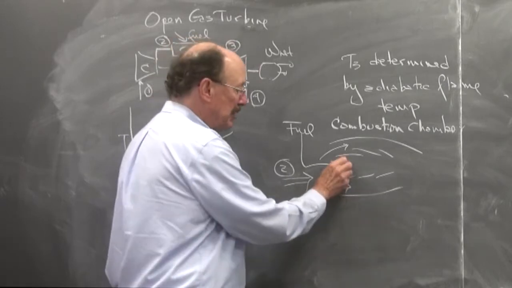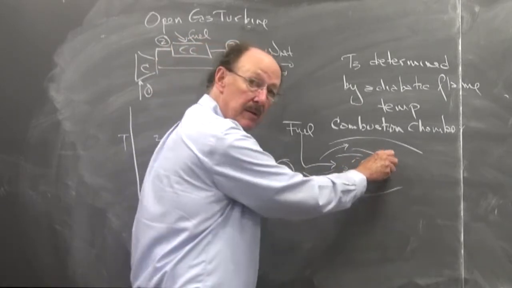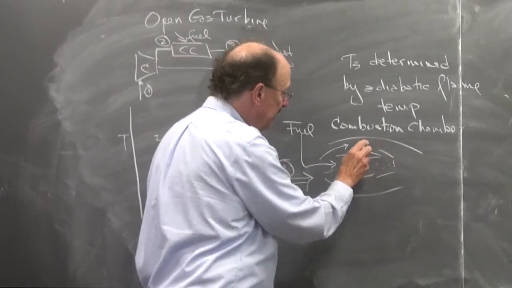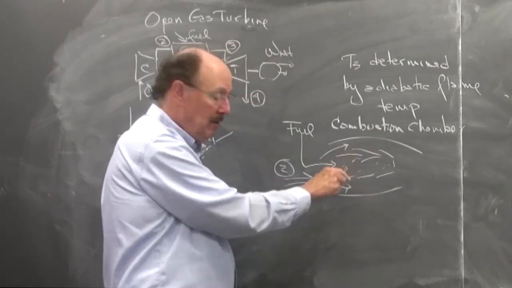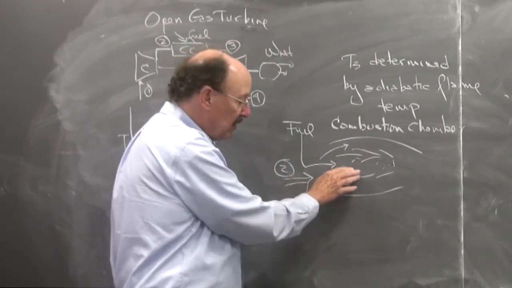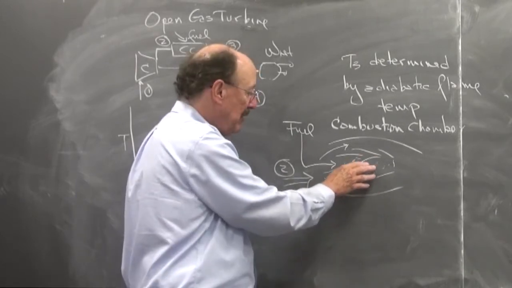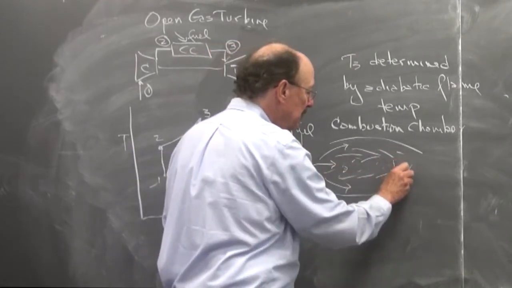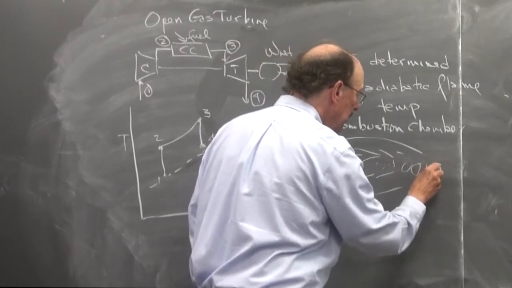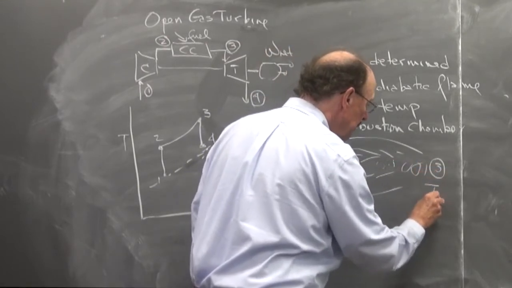And so my combustion process occurs in here, and then because this is metal, I have air coming in across the metal, keeping the metal cooler, so I don't have metal fatigue, and then it comes out here at state 3. So then I have T3.